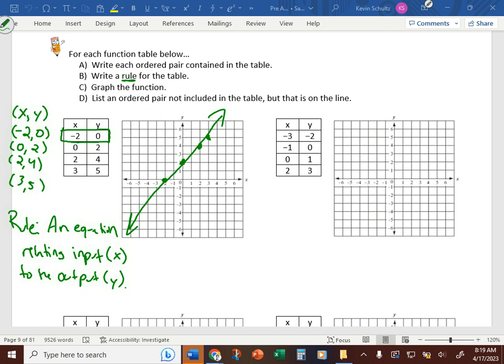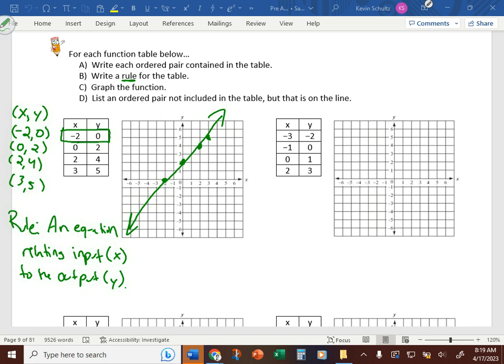What are we doing to X to get to Y? Gregory? Zoe? You're adding 2, right?